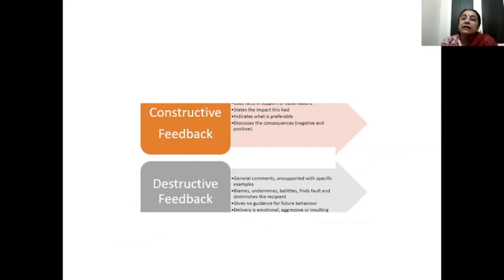The other thing is that feedback should be constructive. If I am going to give my opinion that you're not doing this work properly, or this is not the way it is to be done, then I have to offer a solution. This is what you must do. It has to be positive. The employee must not feel that he's being belittled, or being told that you don't know how to do your work.